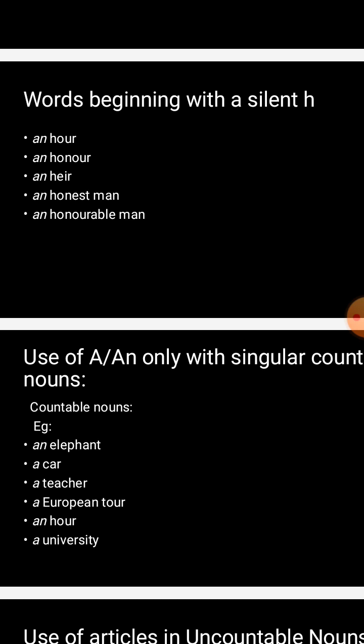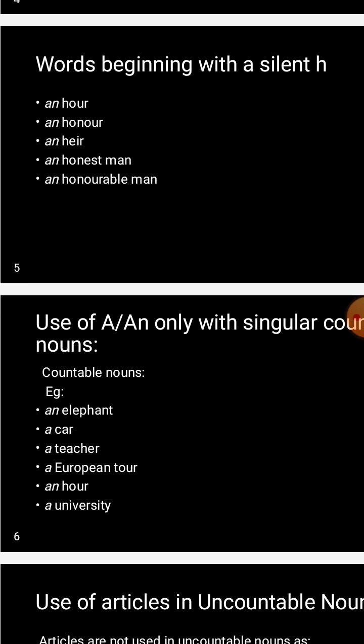So when you use the article a or an, it refers to a singular countable noun.